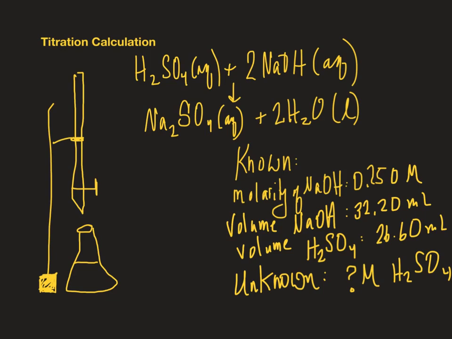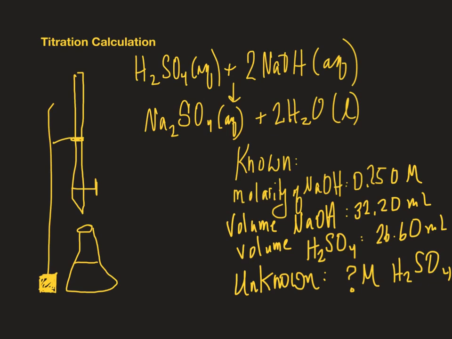Hey everyone, this video is intended to help show you the math you do when solving a titration calculation, as well as to explain a little bit more about how the experiments themselves work.